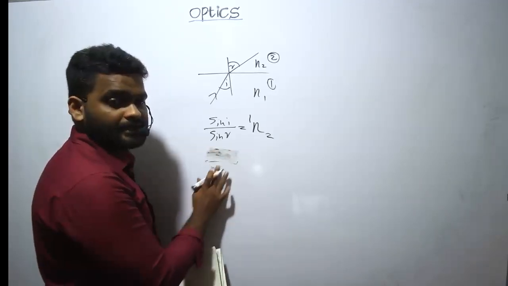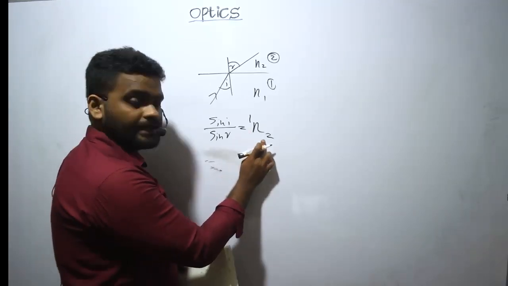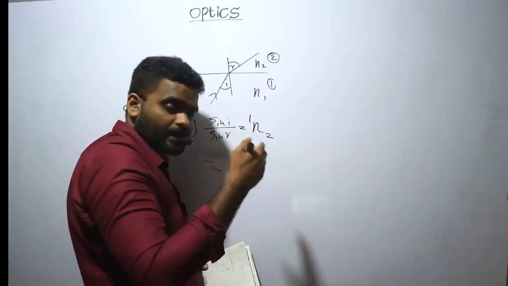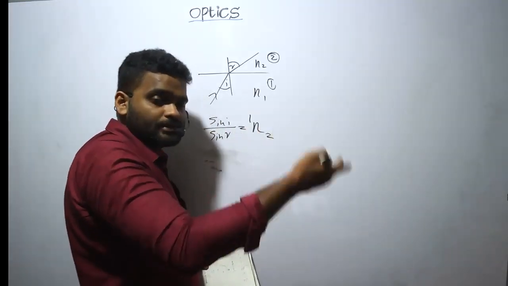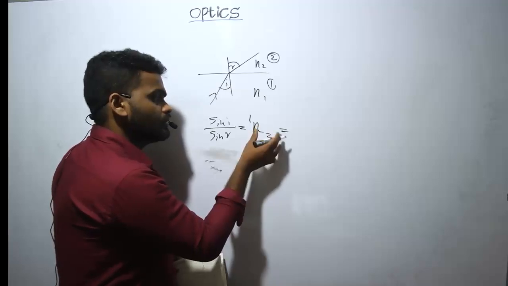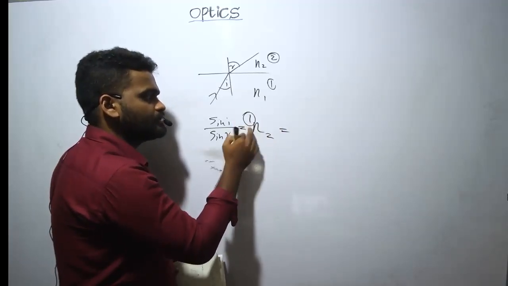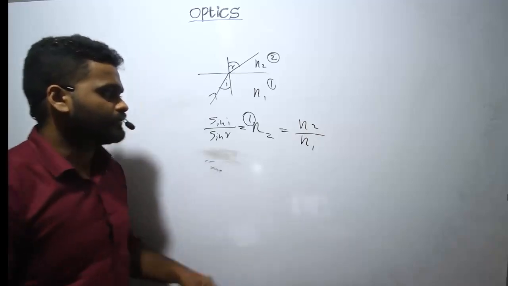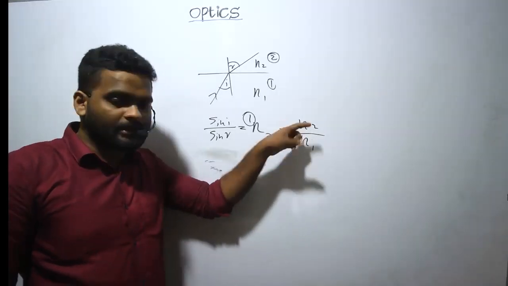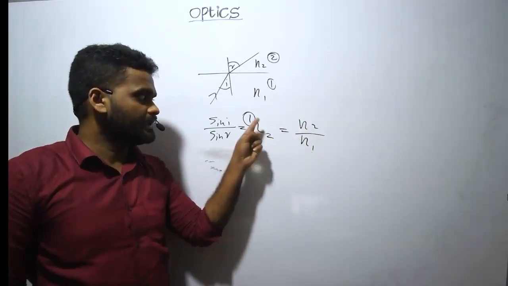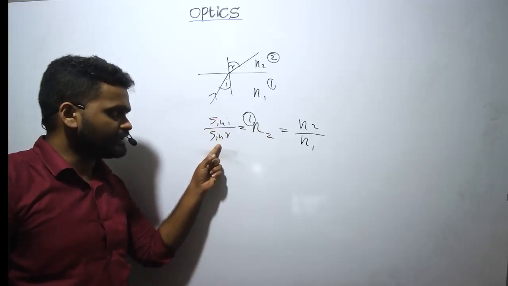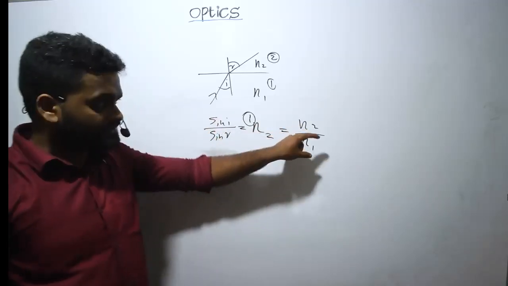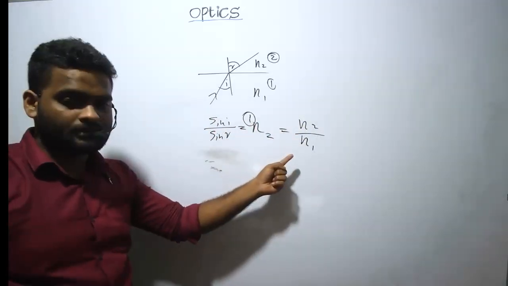This is the relative refractive index, but when you write this in terms of absolute refractive index, you go the other way. Relative to 1 means you have to divide by n1, the absolute refractive index. So when you write that, it flips. Here it is 1, 2, sin i, sin r. But for the absolute refractive index, it is n2 divided by n1.